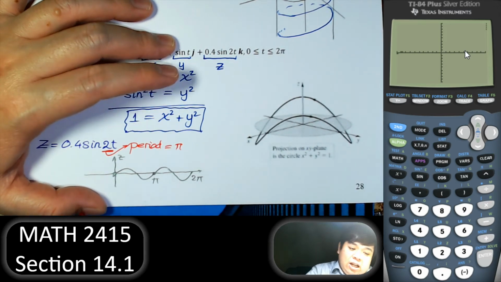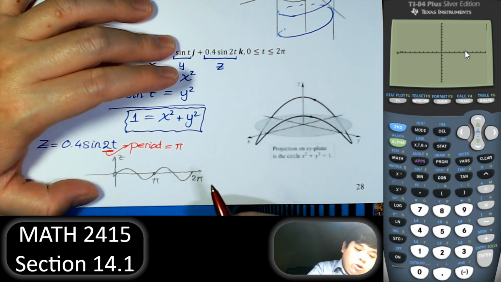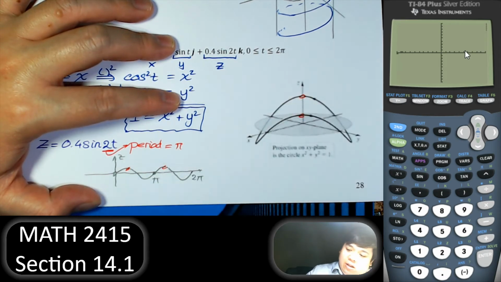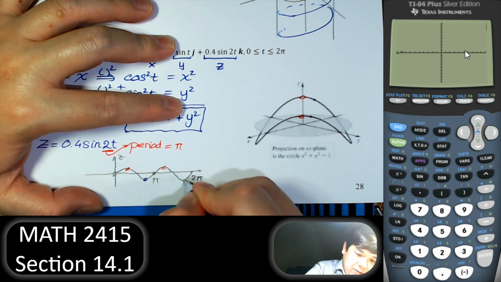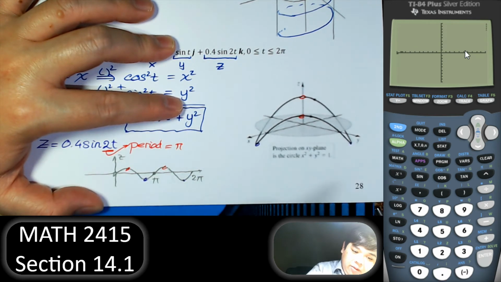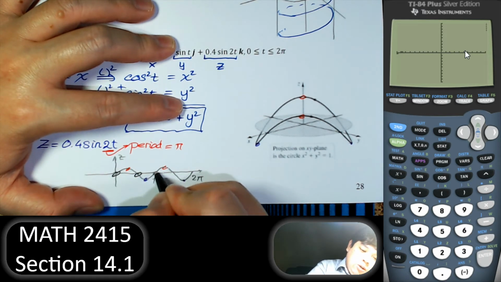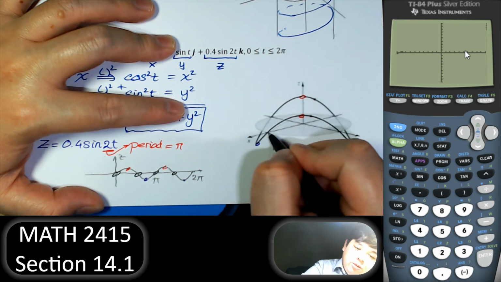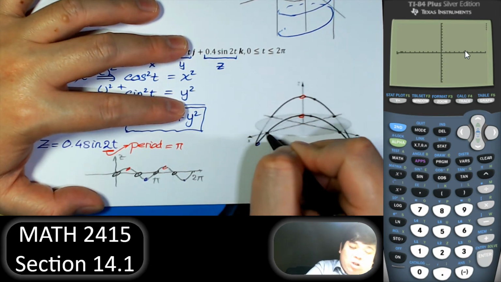Which means that in this graph of 0.4 sine of 2t, we have 2 maximum, 2 minimum, and 4 points equal to 0. 1, 2, 3, 4, and then back to 5.